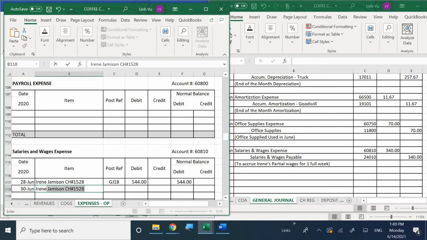Irene's wages, full week. General Journal 23. So what is the grand total balance in the salaries? 884. $884.